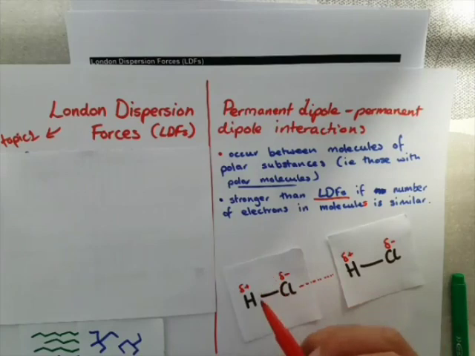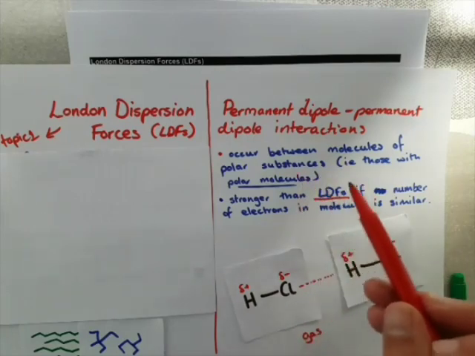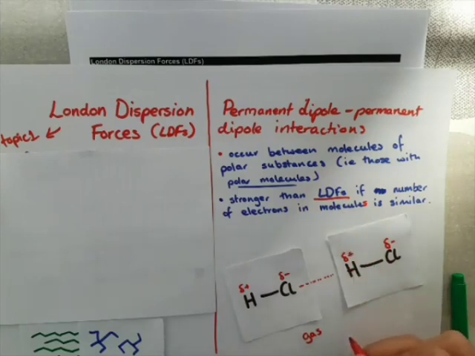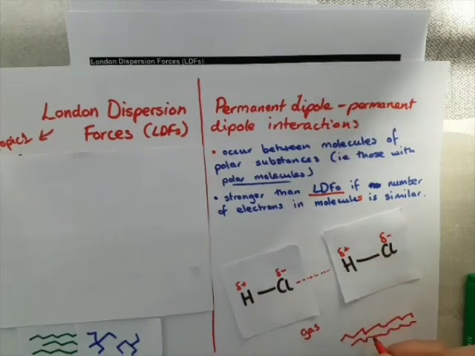I guess one way of illustrating that is that this substance here, hydrogen chloride, is actually still a gas at room temperature, even though it does have these stronger permanent dipole interactions. Whereas wax, like I was talking about, is a big, long, non-polar hydrocarbon molecule. It has quite strong London dispersion forces. It's a solid at room temperature.